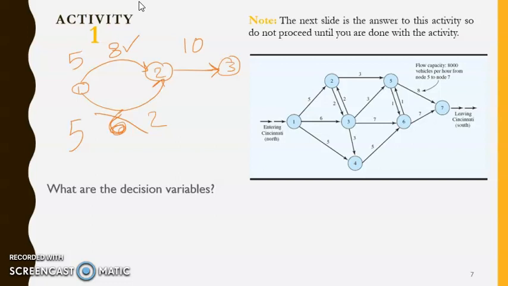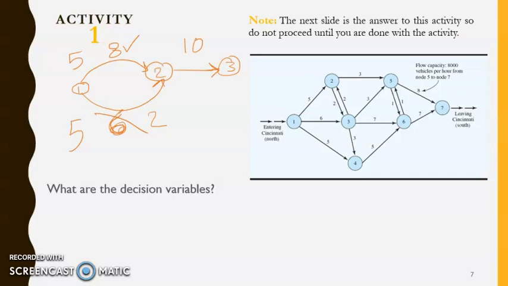So with all this introduction, you should now have an idea what the decision variables are. The decision variables must specify which road and in what capacity. So please pause the video and make sure you put a full explanation for the decision variable you come up with.